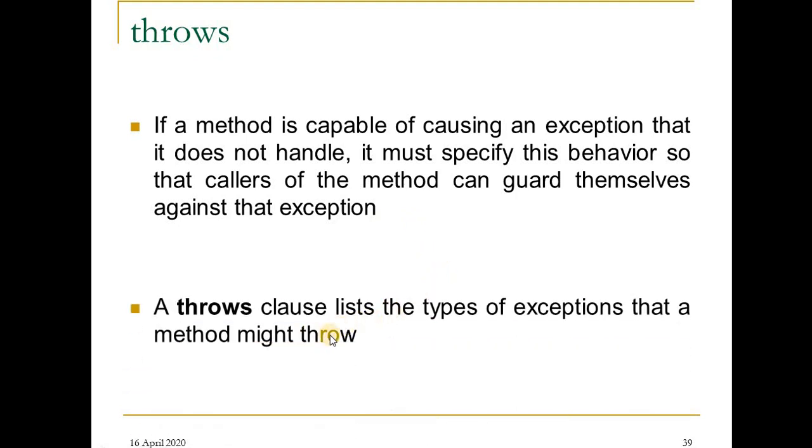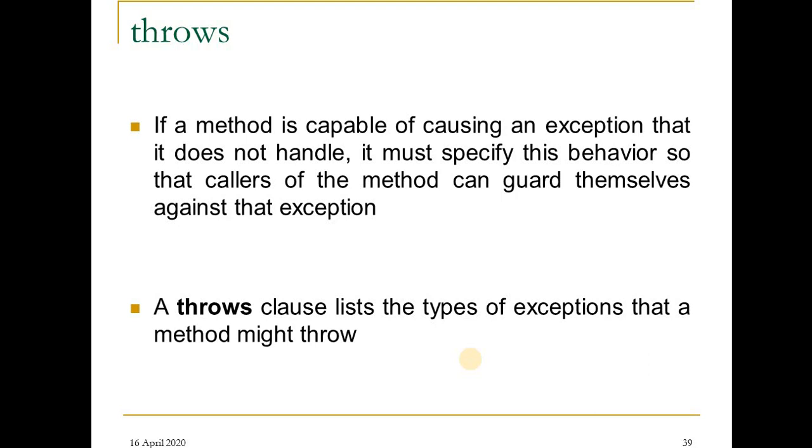A throws clause lists the types of exceptions that a method might throw. Using the throws keyword in the method declaration, we can list many types of exceptions. We can list two or more types of exceptions that a method might throw.